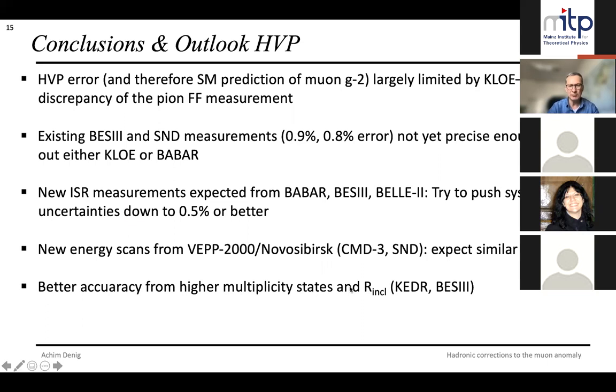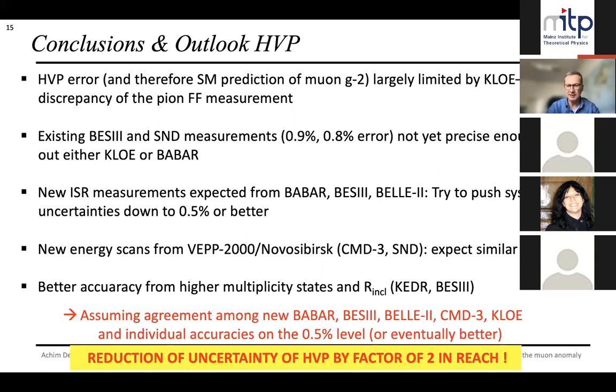I've mentioned the new inclusive R measurements, which are also very important. And thinking optimistically, and assuming that once this 2 pion channel will get under control, there's actually a reduction of a factor of 2 in positively thinking might be in the next couple of years be possible, which will be very important for g-2.